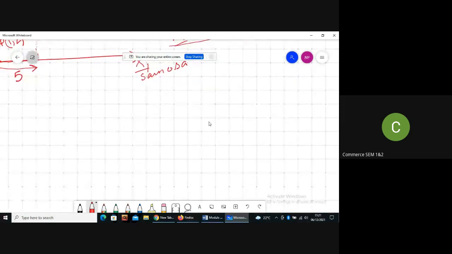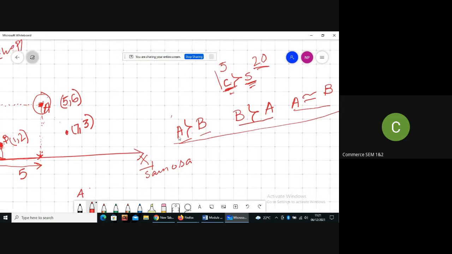Before that, this sign is the preference sign, meaning A is preferred to B. The consumer will prefer commodity bundle A to commodity bundle B if the utility from bundle A is greater than the utility from bundle B. Similarly, if the utility from bundle B is greater than that of bundle A, the consumer will prefer B to A. And in this case, the two utilities are equal to each other.